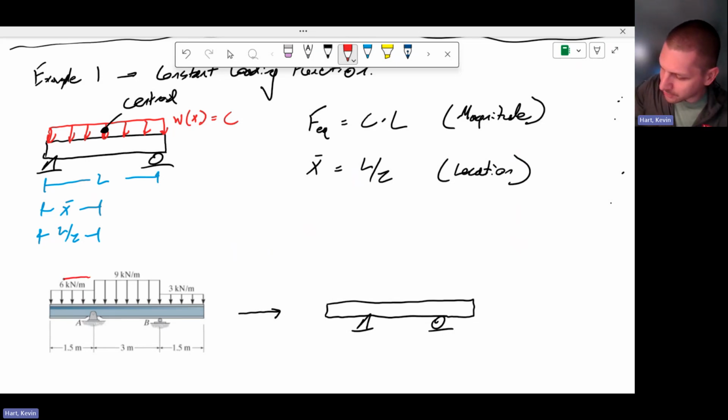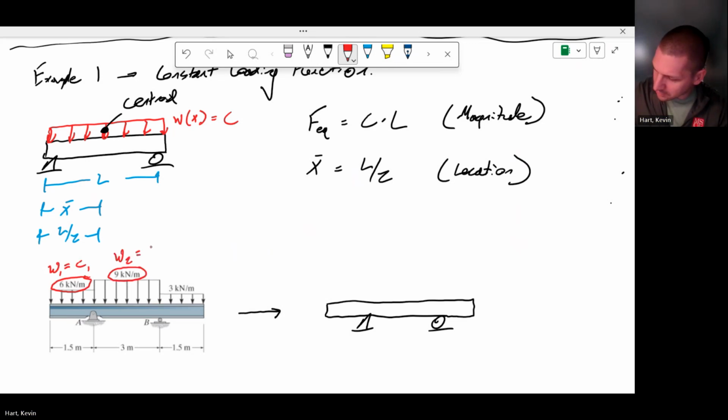So here we have 6 kilonewtons per meter. Let's call this w equals C1. So maybe we call this w1 equals C1. Here's this guy. This is w2 equals some constant 2, which here is 9 kilonewtons per meter. And then we have this guy here, w3.